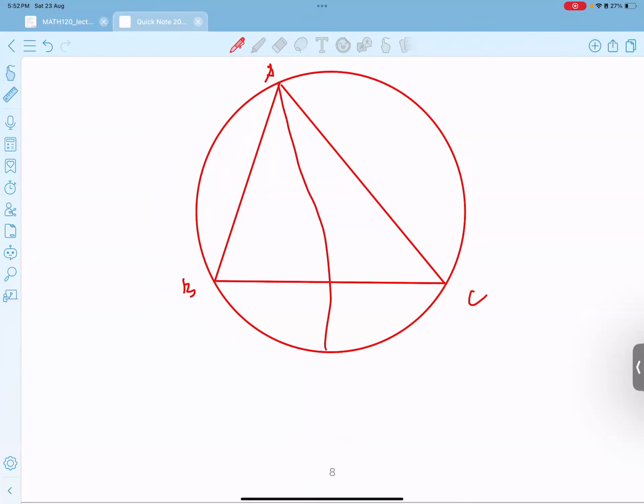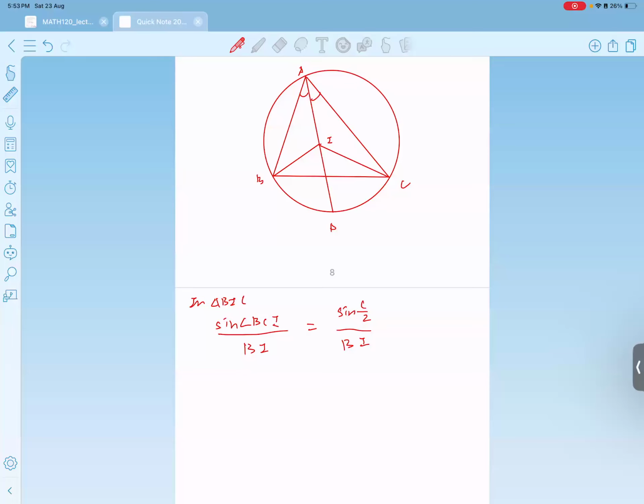Sine BCI over BI, and we're going to deal with this thing first. So that's actually sine C over 2 over BI, and then by sine law, this is equal to sine BIC.